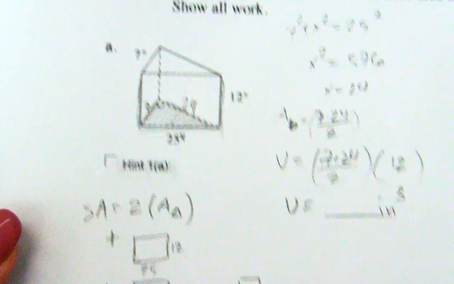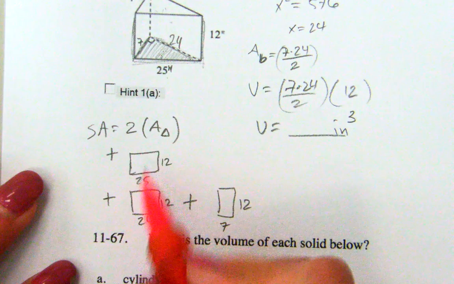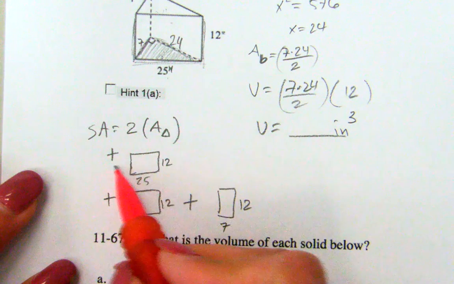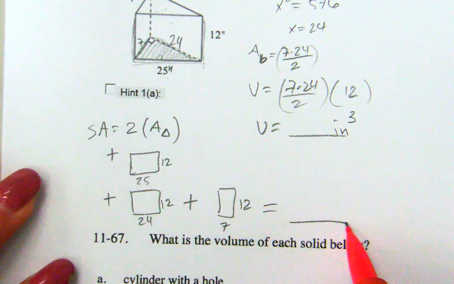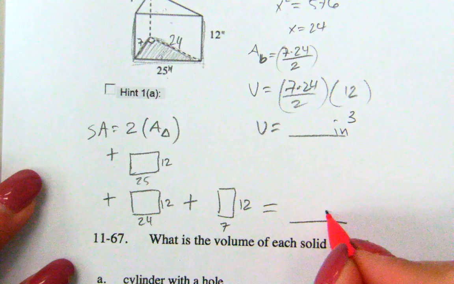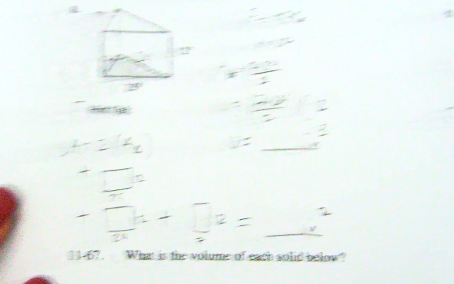Okay, so find the, sorry, I totally didn't even notice that you didn't see that. So the surface area of this plus this part plus the area of this part plus the area of this part should equal your total surface area. And this is inches squared. All right, so that's that part.